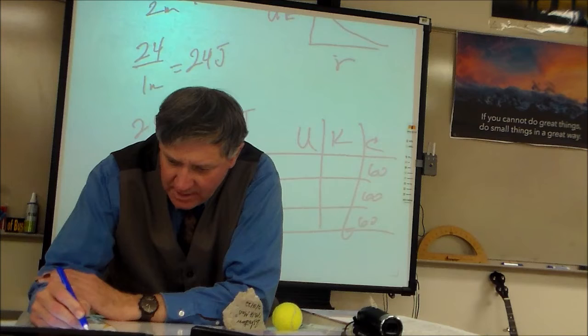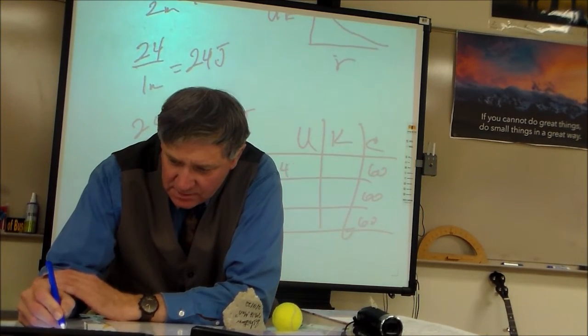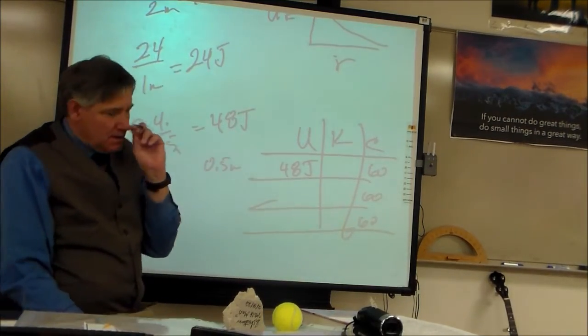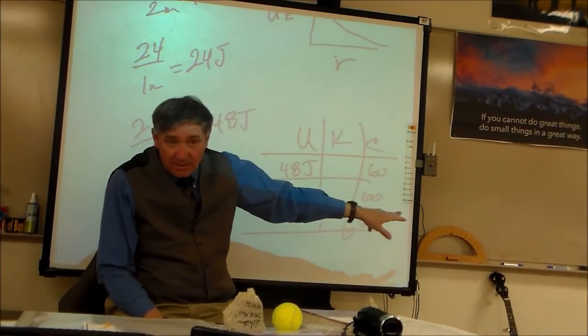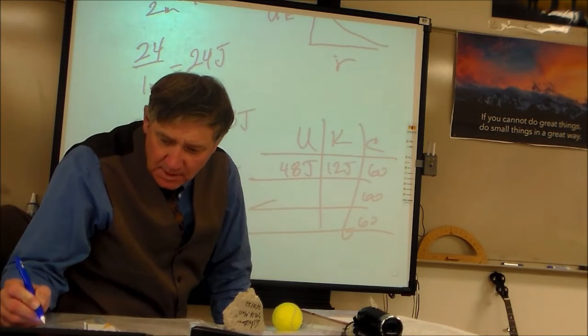So when we had a radius of a half a meter, we had 48 joules of UE. So how much kinetic energy did we have then? 12 joules, right? Okay.